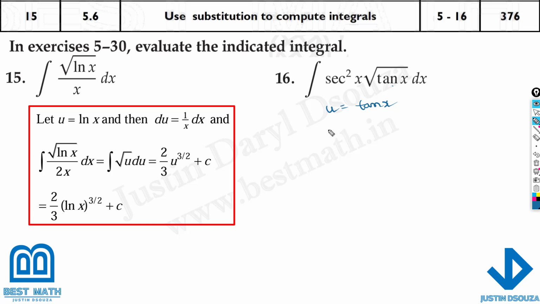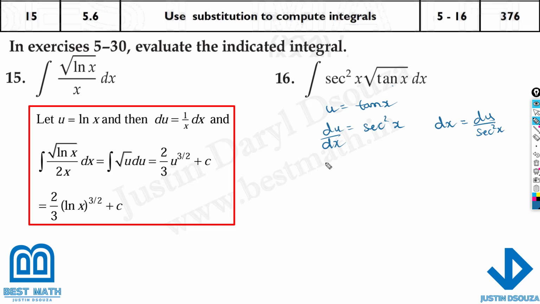And then what's going to be du? Du is going to be secant squared x, as du by dx, sorry, with respect to x we are deriving. Now we need dx, not du, because over here, this is u. What is dx? Dx will be equal to, this secant squared x goes to the other side, dx comes up, it'll be du by secant squared x.